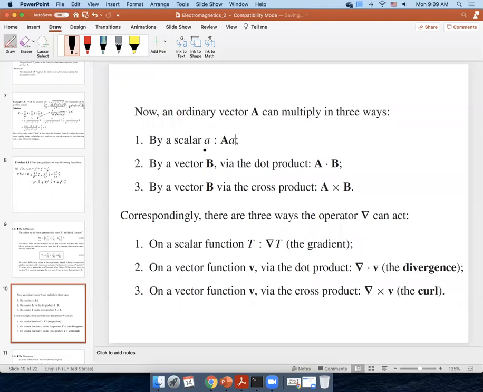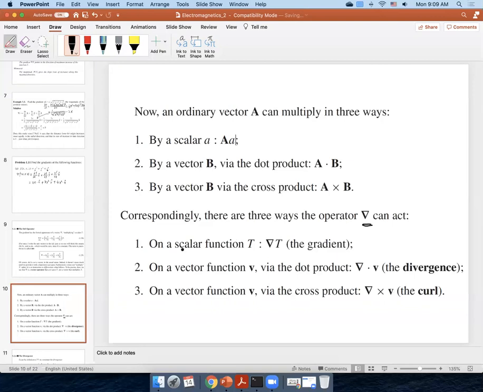It can be multiplied by a scalar a. It can be multiplied by another vector B in 2 ways: dot product A and B, or cross product A cross B. Correspondingly, there are 3 similar ways for this operator del. It can act in 3 ways.